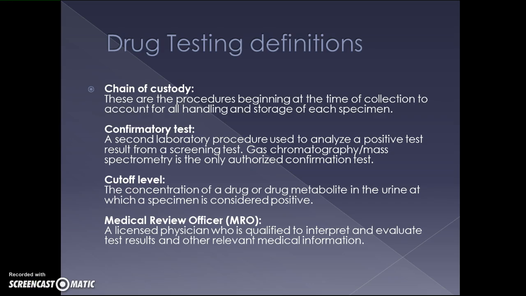Drug testing definitions. Chain of custody: procedures beginning at the time of collection to account for all the handling and storage of each specimen. Confirmatory test: a secondary laboratory procedure used to analyze a positive test result from a screening test.